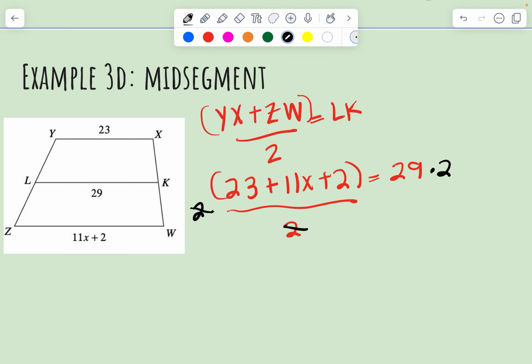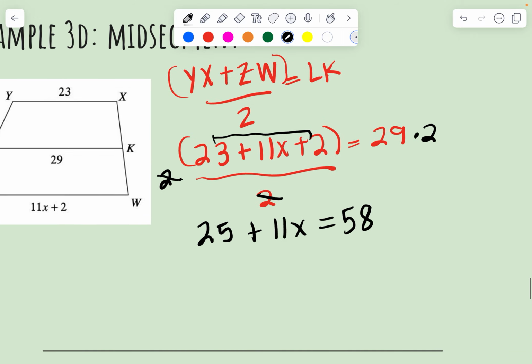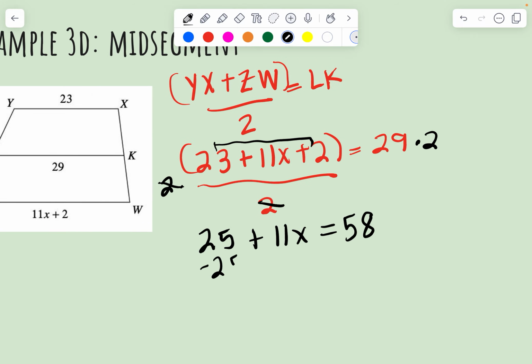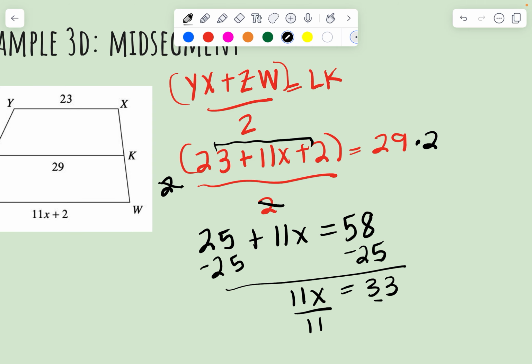On the left side, the 2's go away, and I'm going to combine like terms while I'm at it. 23 plus 2 is 25. So 25 plus 11x equals 29 times 2, which is 58. Taking 25 from both sides, I get that 11x is 33. And dividing by 11, I get that x equals 3.